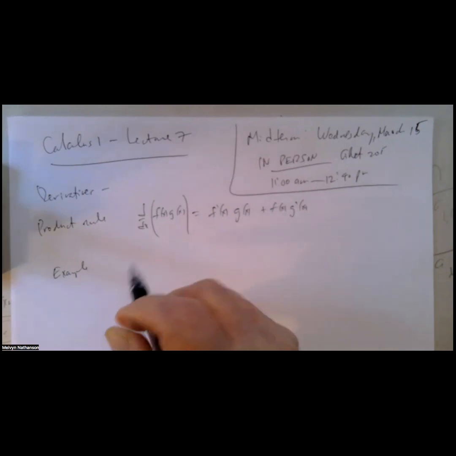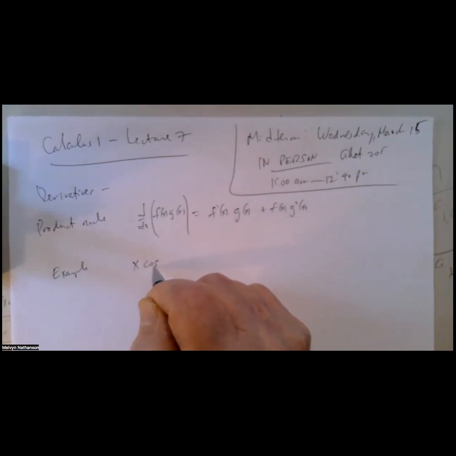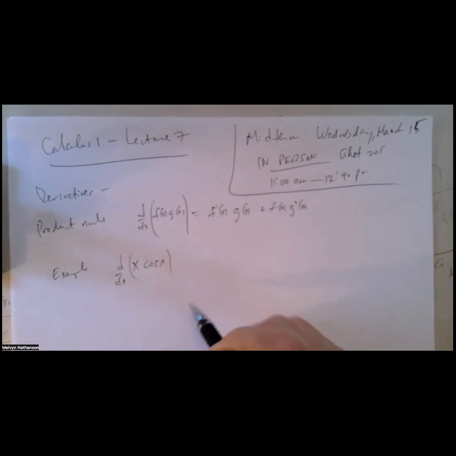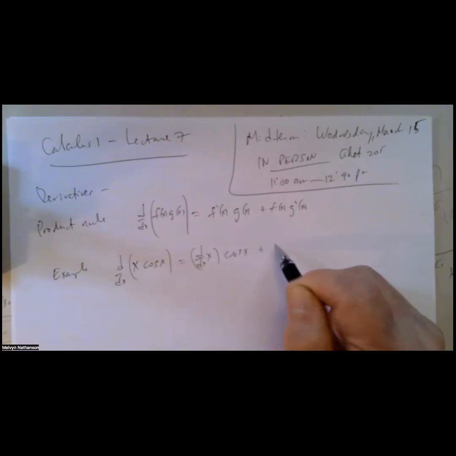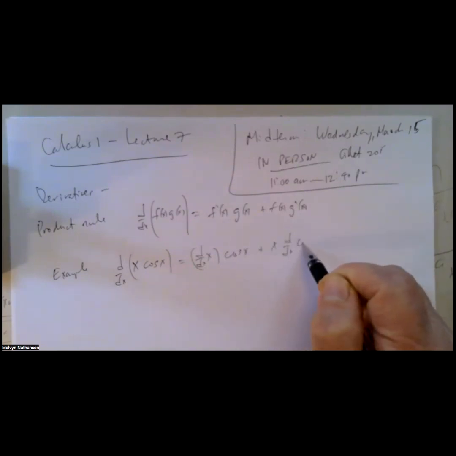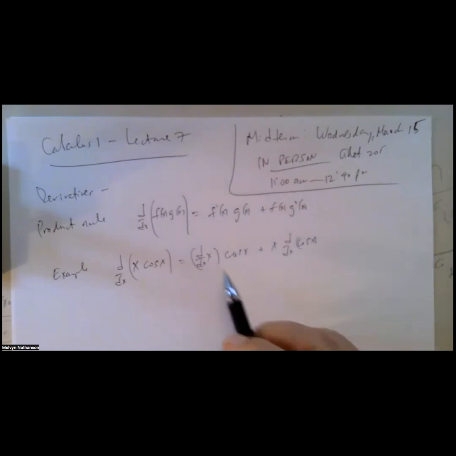So for example, if we have the function x cosine x, and we want to differentiate that, that's a product of two functions whose derivatives we know. That's the derivative with respect to x of x times the cosine plus x times the derivative of the cosine.